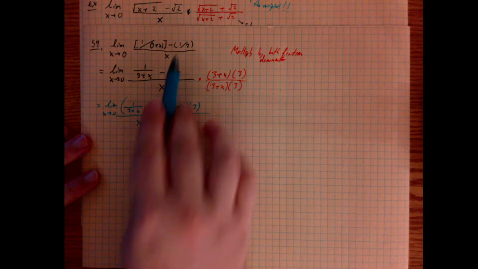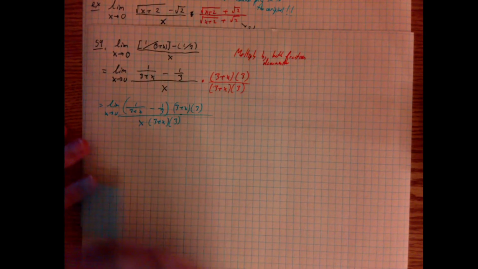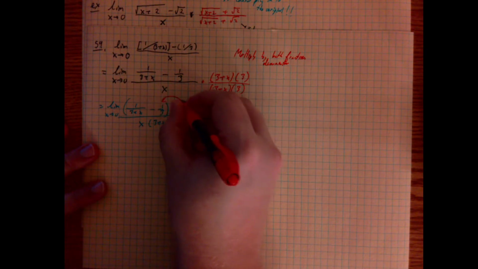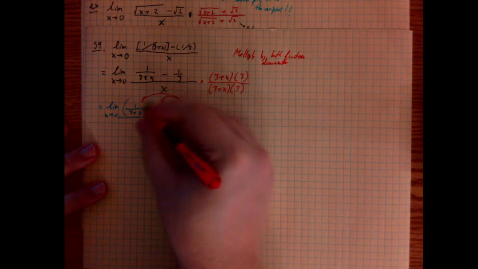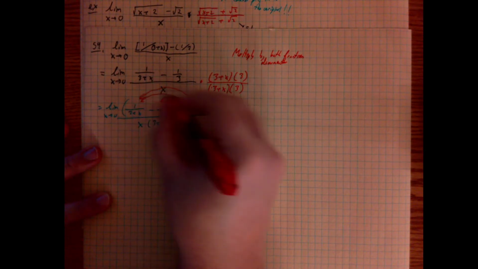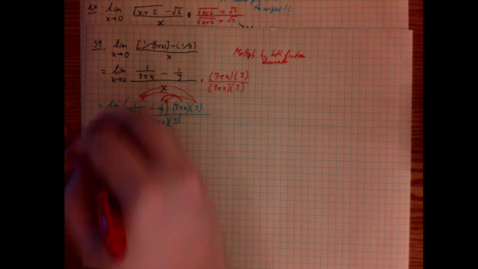Obviously these two are the same because if I cancel them out, I get the same results. But watch what happens when I distribute. Remember, when I distribute, I have to distribute to both terms. So take these 3 plus x times both fractions, and this 3 times both fractions. I have to do it to both of them. So let's start with the 3 plus x.